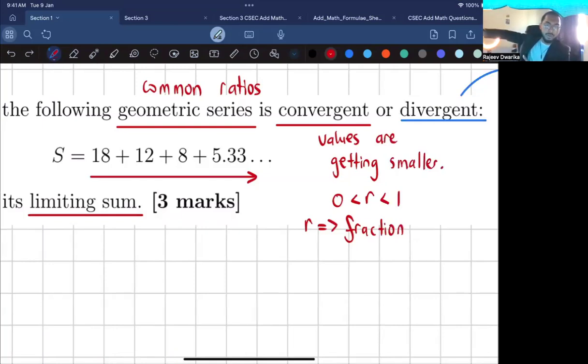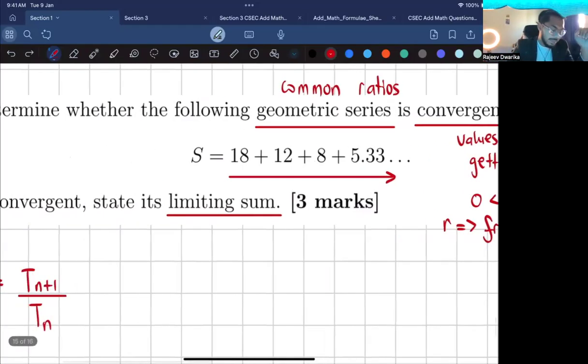If I just keep adding indefinitely, that's sum to what? Infinity. Right, sum to infinity. So anytime you see something like limiting sum, or find its limit, or find the value it is convergent to, you have to use the sum to infinity formula.